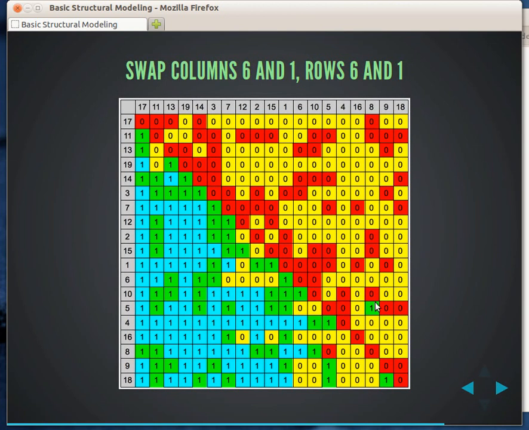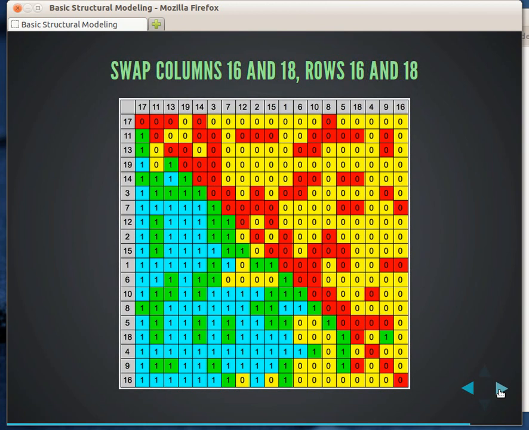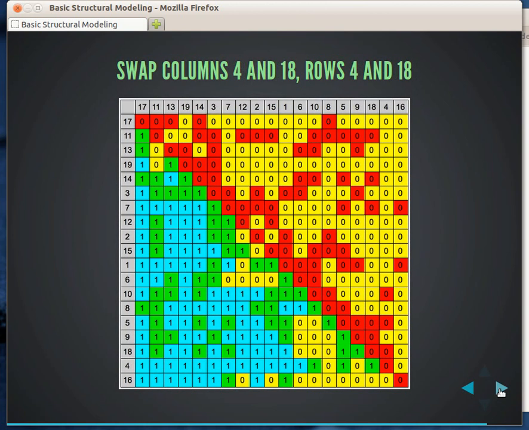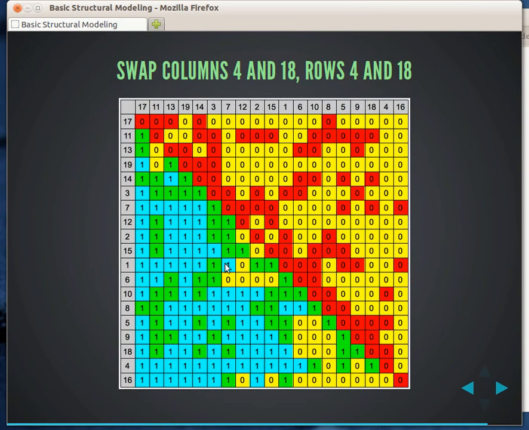So instead of randomly selecting data, we're just going to pick the data points that give us the most inference potential and walk through those. As you can see down here in the lower right hand corner, we walk through those, and those basically then finalize the matrix and it's complete.